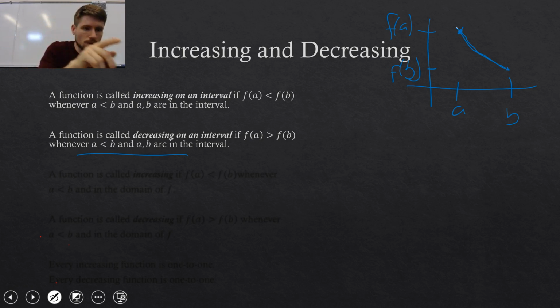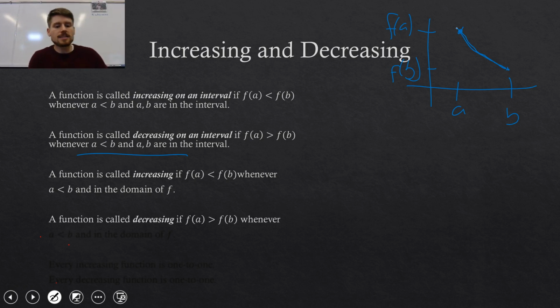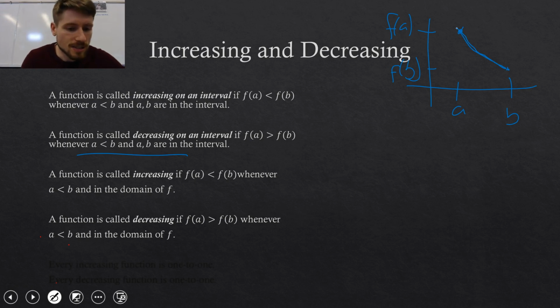That's decreasing. And you would say it's increasing in general if that holds over the whole domain, if the values get bigger as you move to the right, and it's decreasing in general if they get smaller as you go to the right. Okay? So those are our two notions of increasing and decreasing.